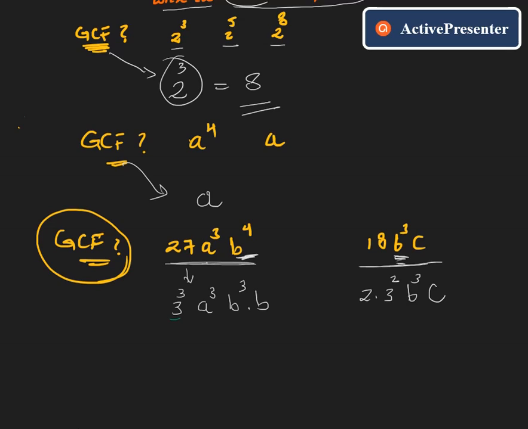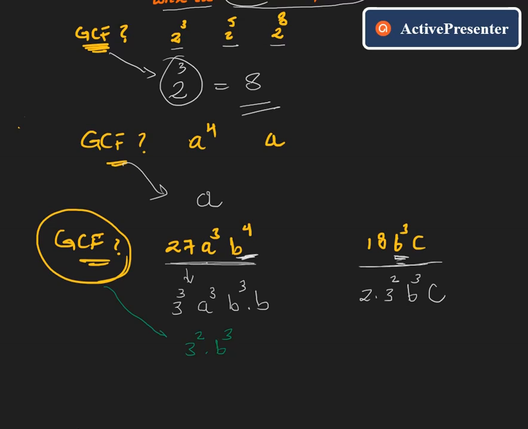We can see that 3 is a common base in both, and b is a common base in both. So we want the common bases with the smallest exponents. Here the common bases with the smallest exponents are 3 to the power 2 and b to the power 3.